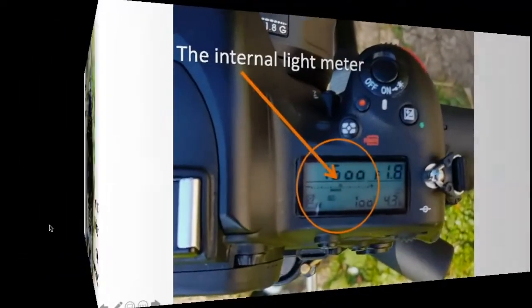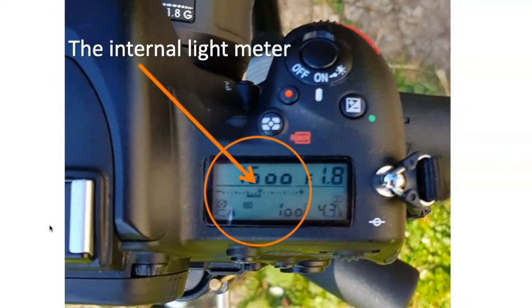When you are using the internal light meter of your camera, you'll either see it on the top here, or you'll see it when you look through the viewfinder as well. I've got my camera set on manual, which means I decide on the exposure settings.